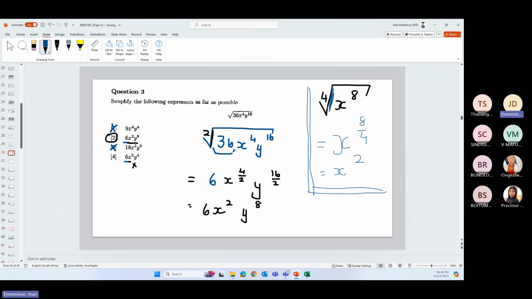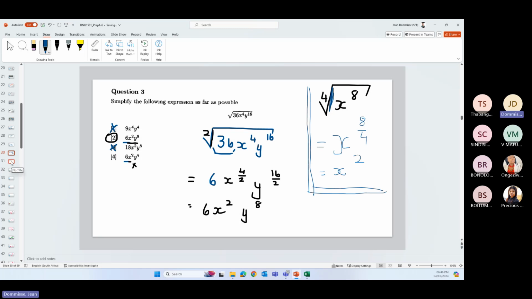Then you don't need to remember any of this, 2 times 2 times 2 gives you what, or 3 times 3 times 3. You basically just need to focus on what is 8 divided by 4, and in this instance it is 4 divided by 2 and 16 divided by 2.